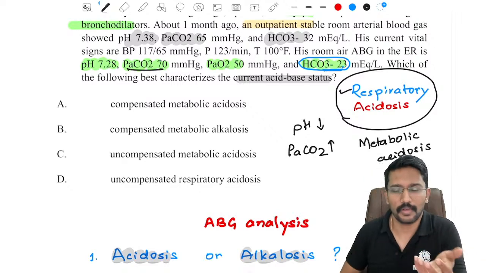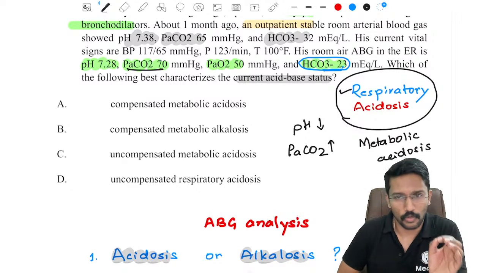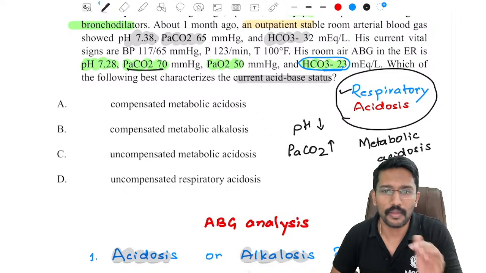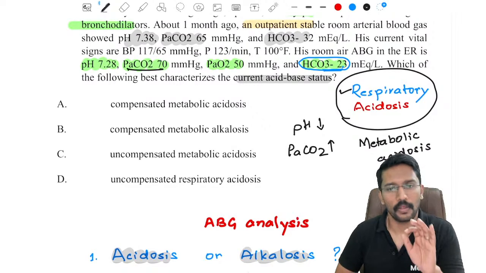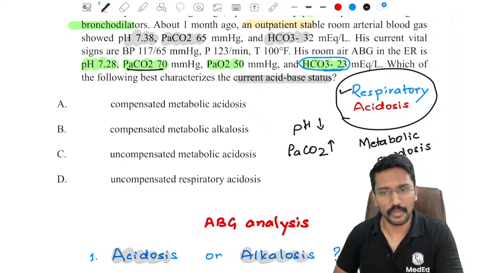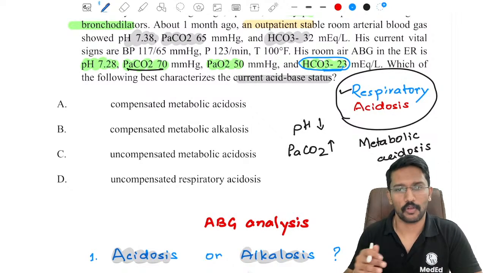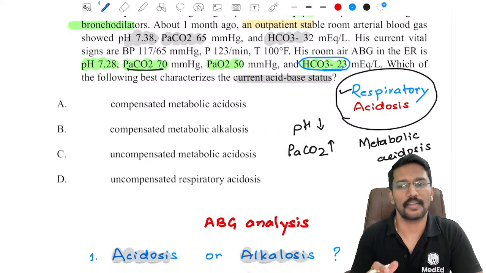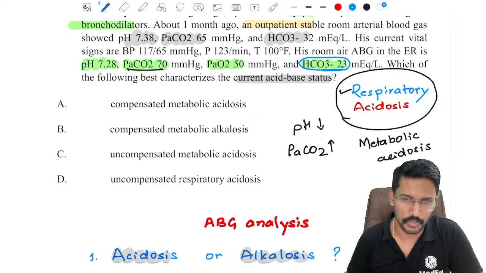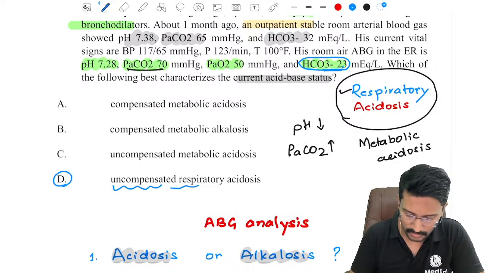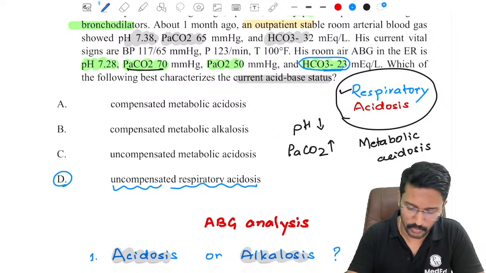So this is a typical case of chronic respiratory acidosis with an additional metabolic acidosis, and there is no appropriate compensation happening here, right? So this is how we can identify another ABG abnormality lurking in disguise in one of the ABGs. So here the diagnosis or answer would obviously be uncompensated respiratory acidosis, okay, because the question was very simple.